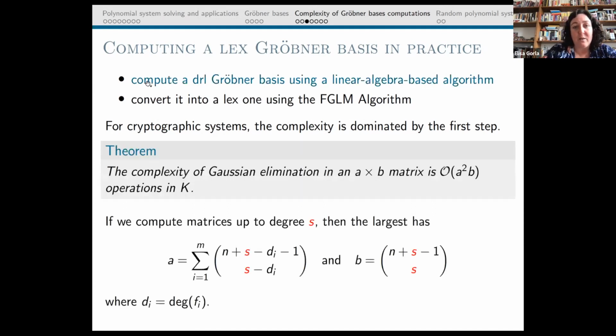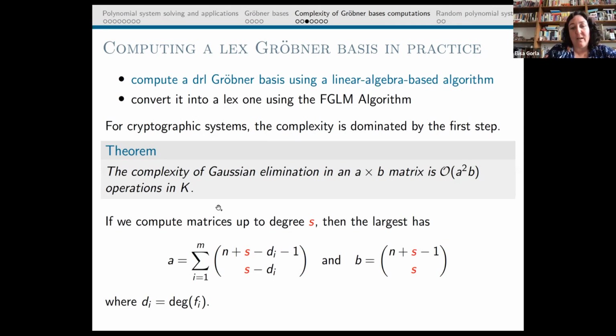So that's the part that, if we want to know the security of the system, we want to estimate the complexity of this first step. And that complexity is essentially the complexity of Gaussian elimination in a matrix where the rows are the polynomials of degree up to a certain degree, and the columns are the monomials.